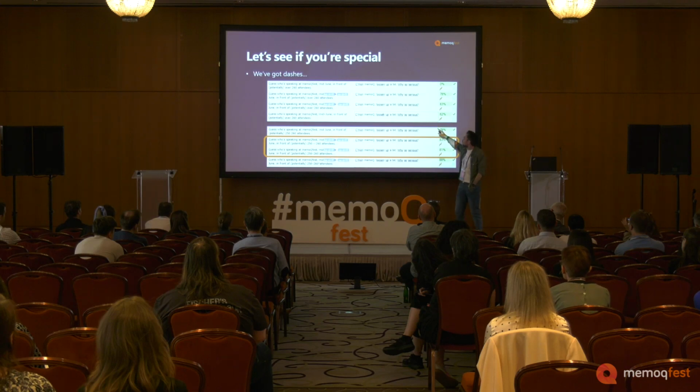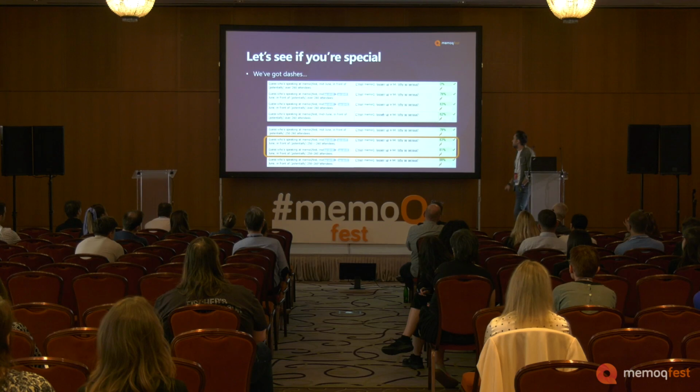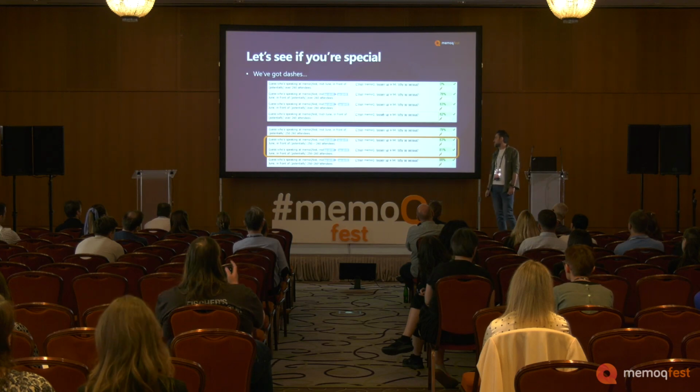So memoQ thought this is closer than this one. And the translation came from that segment above. So not from the one that had both numbers in it, but from the one that had only one number in it. And again, you have the match rates going down only because of white spaces, dash, and so on.